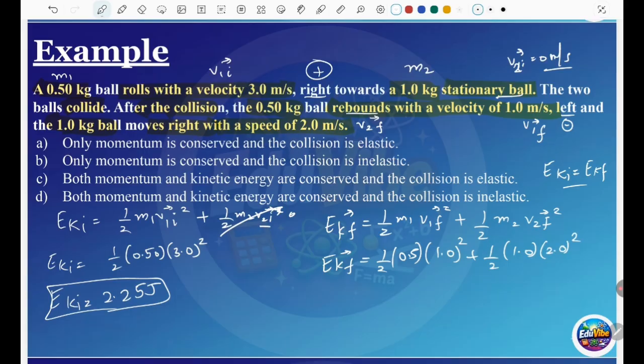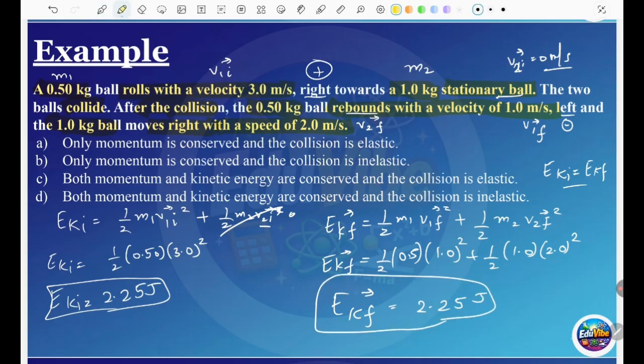You don't have to focus on the signs because this is a scalar and the sign goes away when squared. It doesn't matter if you note the sign or not. When we calculate, we get about 2.25 joules. So you can see that the final and the initial were the same.